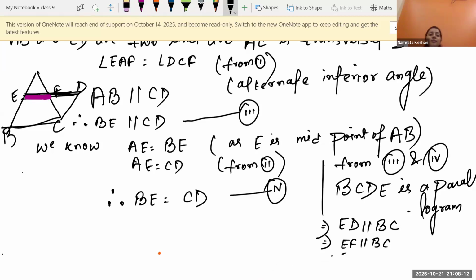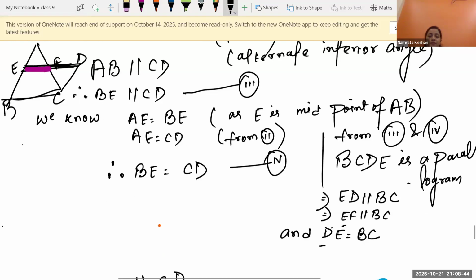Now we will say that the complete length, DE and BC, will be the same because it's a parallelogram. Opposite sides are parallel as well as equal. Yes or no? DE and BC have to be equal in length, right? If DE and BC are equal in length, can I write DE as EF plus DF?